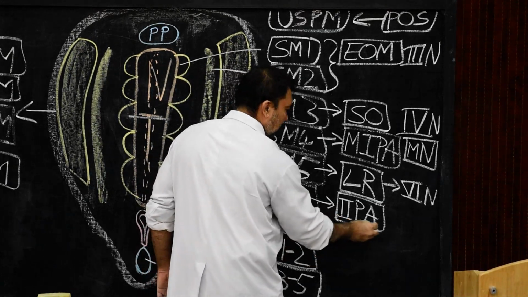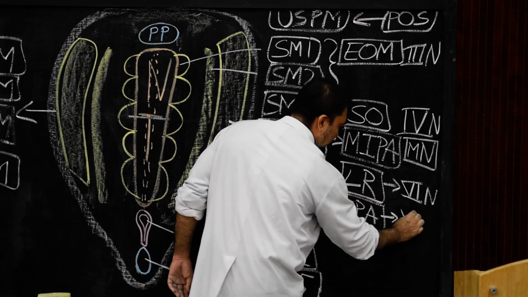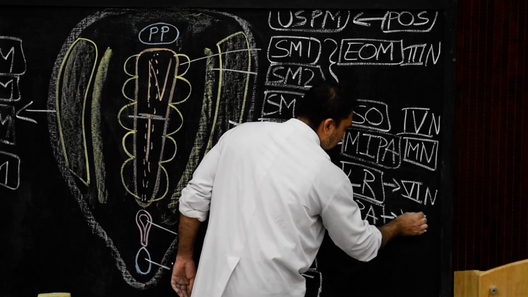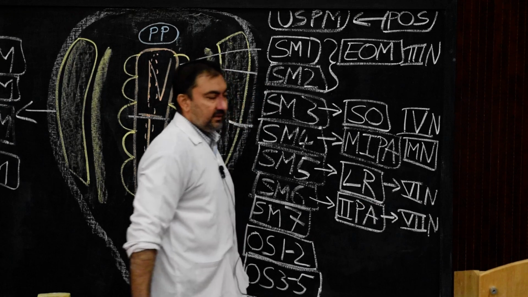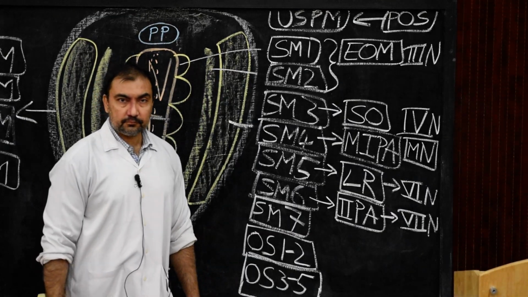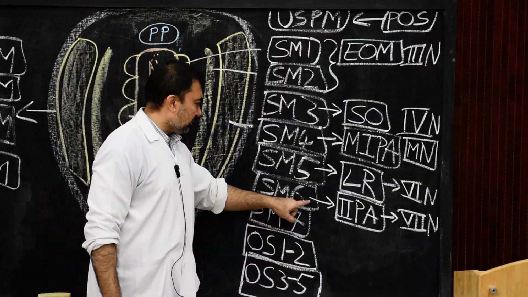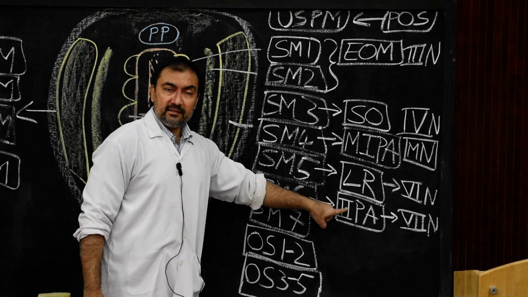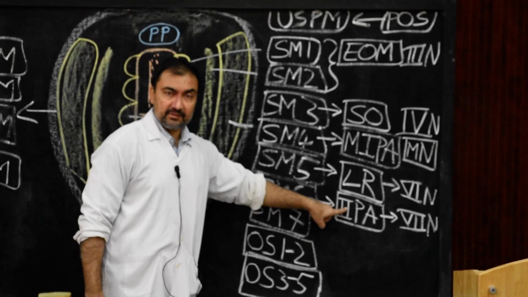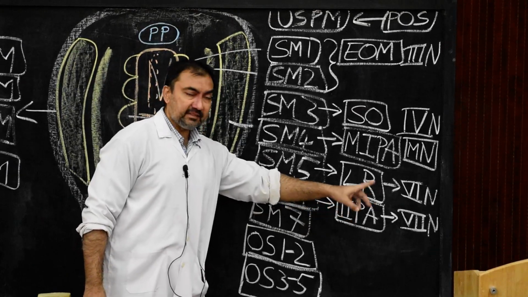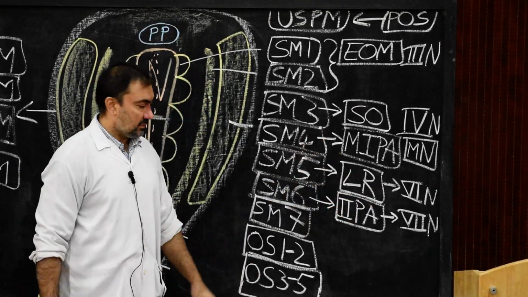So therefore, this is supplied by the facial nerve, and that facial nerve is the 7th cranial nerve. So the structures developed from somatomere number 6, that is the entire muscles of the 2nd pharyngeal arch and the skeletal elements, are supplied by the 7th cranial nerve.